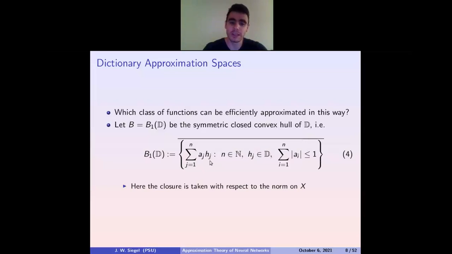So we're taking all linear combinations of arbitrarily many dictionary elements, but we require that our coefficients are bounded in L1. That's exactly the convex hull of plus or minus D, and now we take the closure of this set with respect to the norm on X. This is the class of functions we're going to consider approximating by nonlinear dictionary expansions.